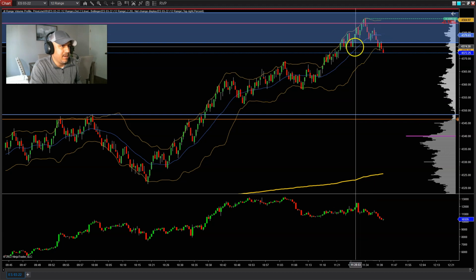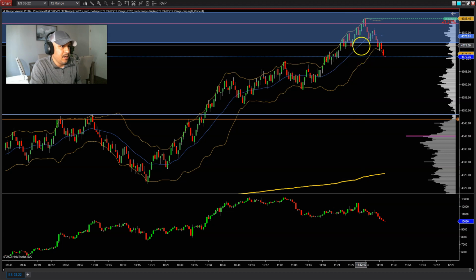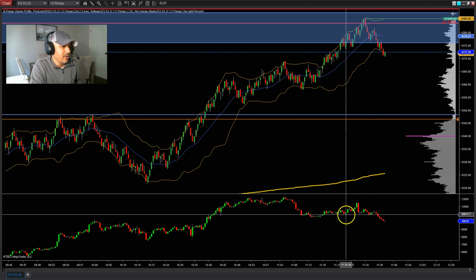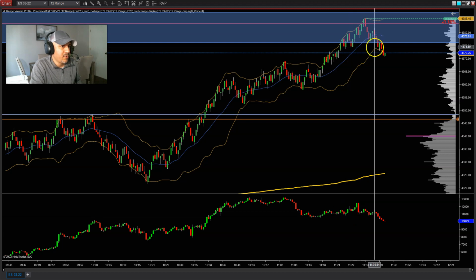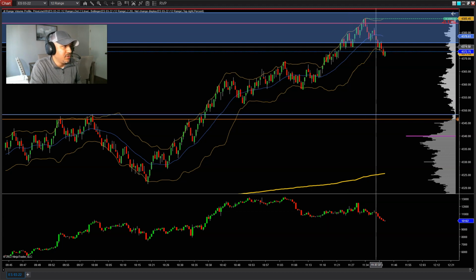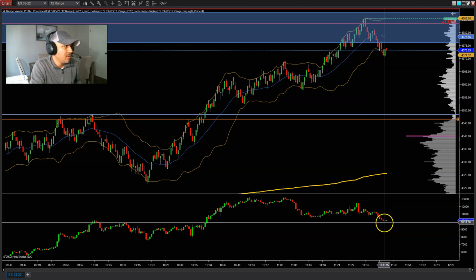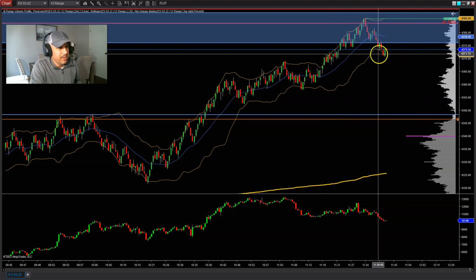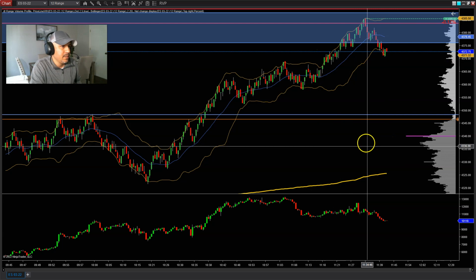But when price came down and tried to break this area right here at 74.5, Delta had already broken it, which told me there were sellers in the market already wanting to drive the market lower. And that's why I saw the break here. I got in a little too early, but when I saw Delta following up with more sell orders to the downside, I just stayed in the trade to this area right here. I knew price would come right here and pause, a bounce right in this area, okay?